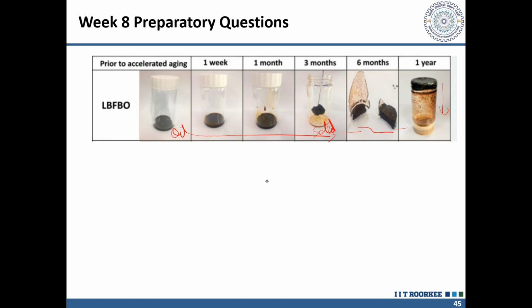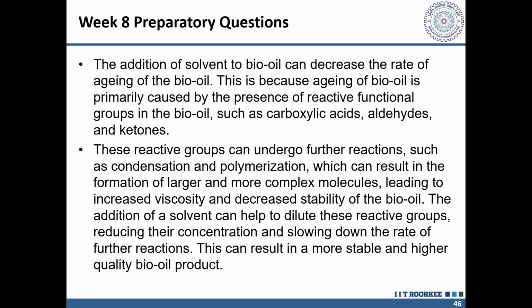This aging can be stopped with the help of solvents. So the addition of solvent to bio oil can decrease the rate of aging of the bio oil. This is because aging of bio oil is primarily caused by the presence of reactive functional groups in the bio oil, such as carboxylic acids, aldehydes, and ketones.